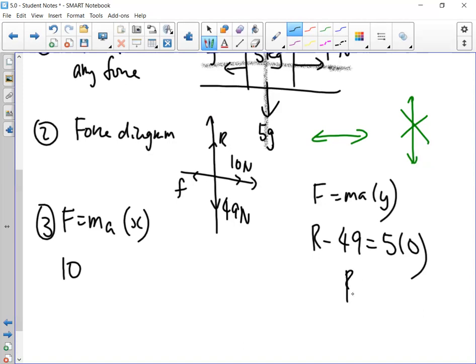So R equals 49, which makes sense, because if R does not equal 49, the block will be moving up or down. If R is bigger than 49, which is impossible, the block would be flying off the ground.